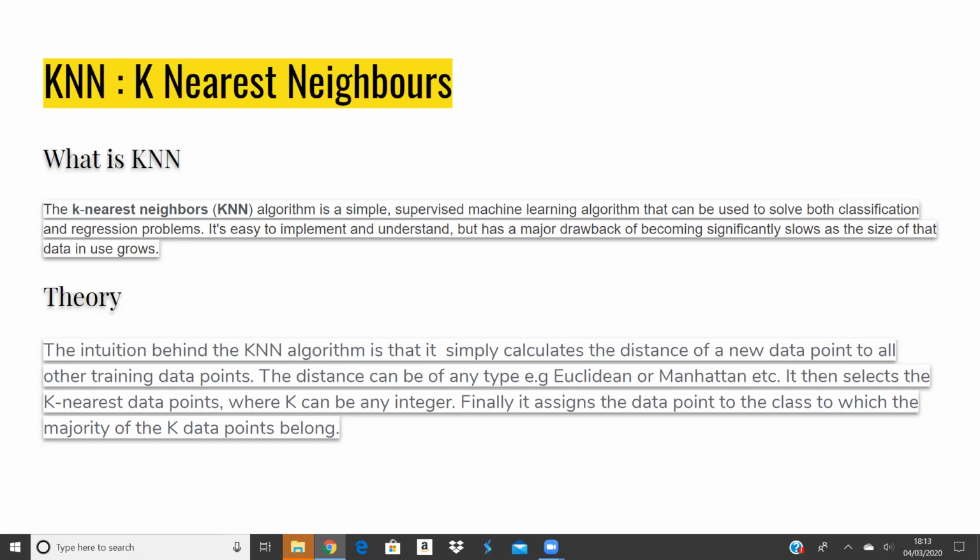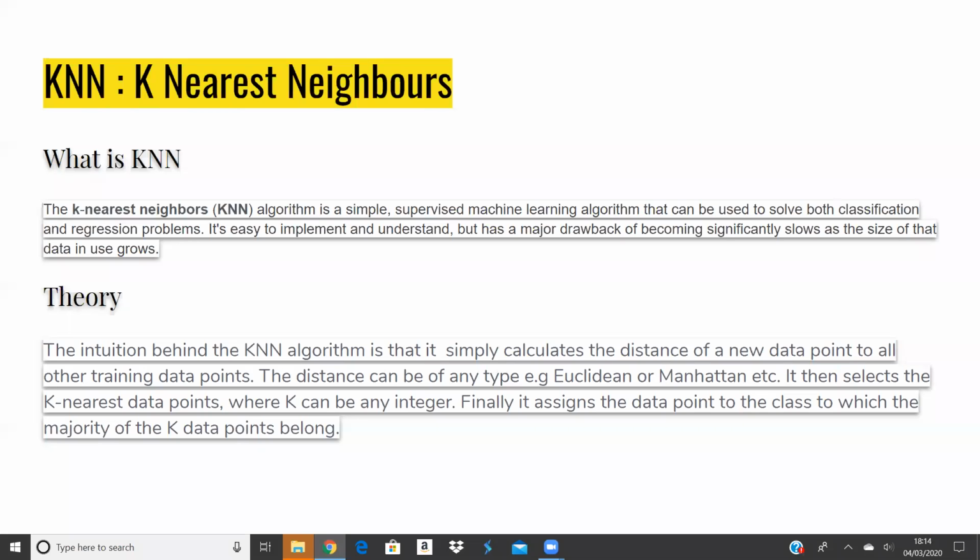If the data is a list of grocery shopping, then we have all the grocery items with their label, whether it is a food item or a beauty item. So we have labeled data, and whenever we come across a new data point, the distance between that data point and all the other training data points is calculated.